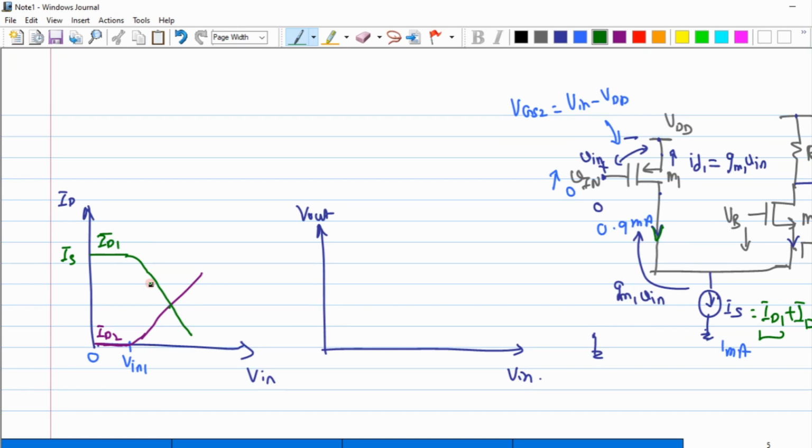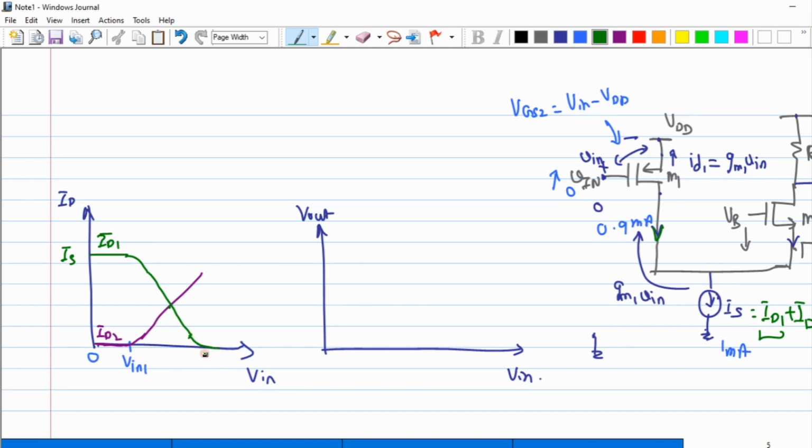After that, as I increase the value of this Vin, I ultimately reach a particular value at which my M1 turns off. What is that input value? VDD minus VTH, right?